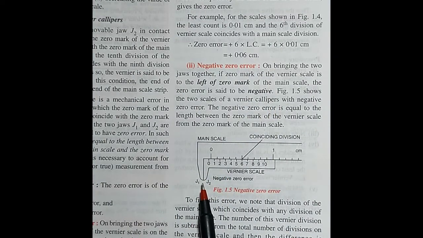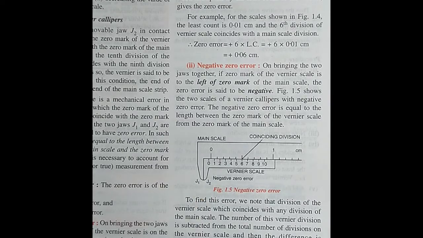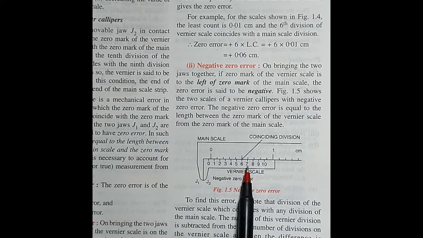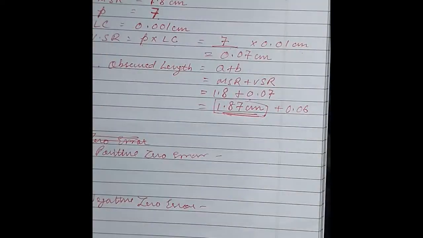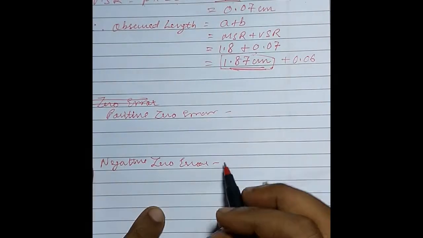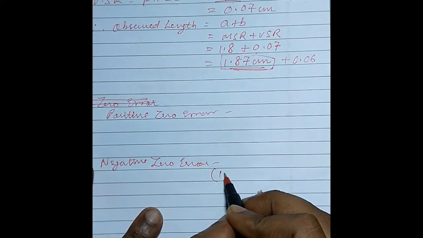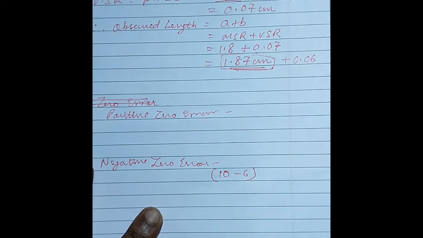When no object is placed between the jaws, again we have to see which number is coinciding with the main scale. Here we can see the sixth number is coinciding with the main scale with the negative zero error. So we will simply do 10 minus 6.